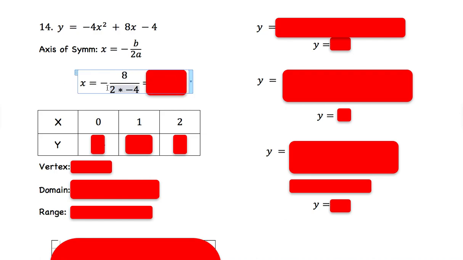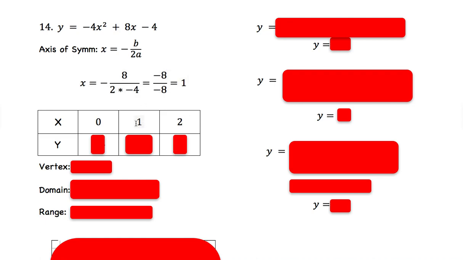Okay. We should have a negative 4 here. So we have negative 8, and 2 times negative 4 is also negative 8. So we have negative 8 divided by negative 8. The reason why this is negative here is because of the negative that's out front from the standard equation for the axis of symmetry. So negative 8 divided by negative 8 gives us positive 1.